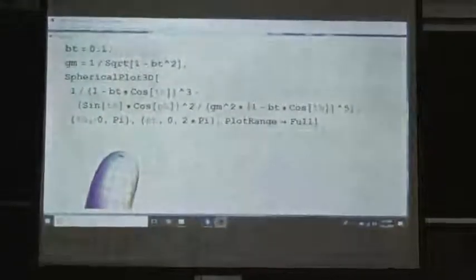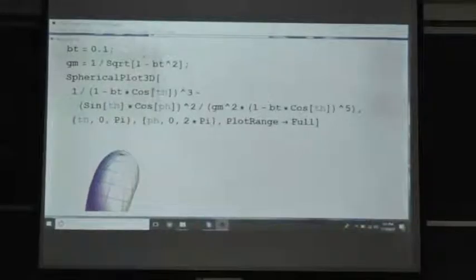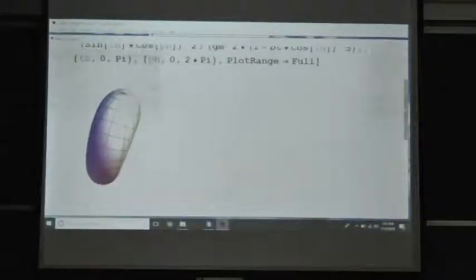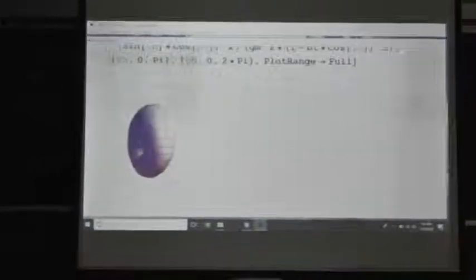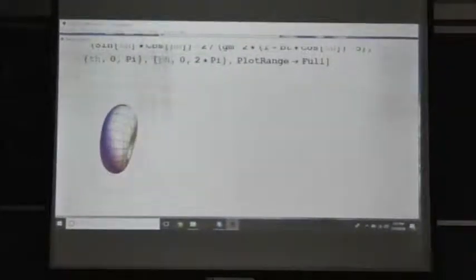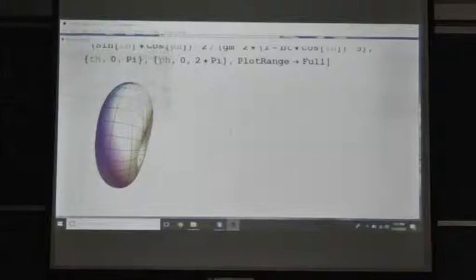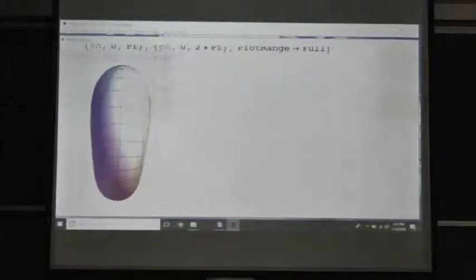So the interesting situation is that when this beta increases from zero, this is a little bit modified, but still almost the same. One thing you see is that between beta 0 and beta 0.1, which is 10% of the velocity of light, there's not really much difference.